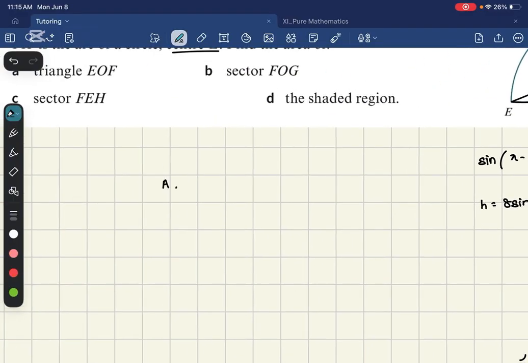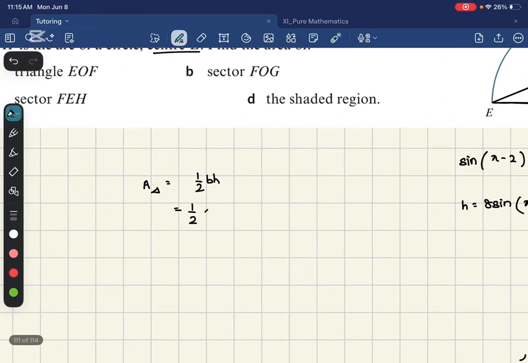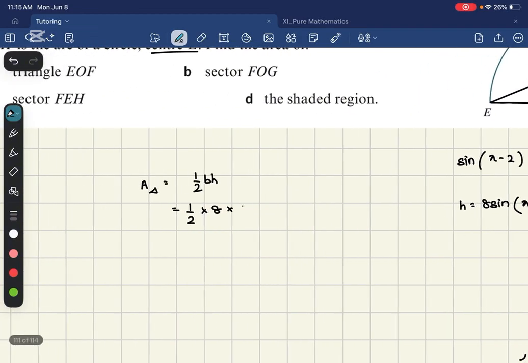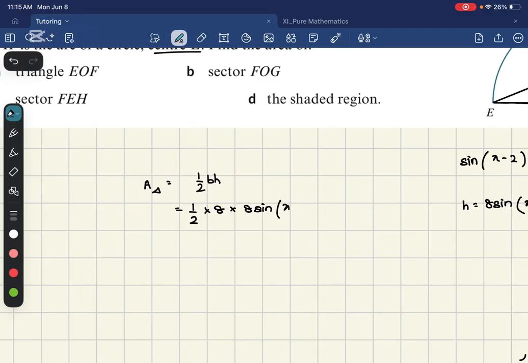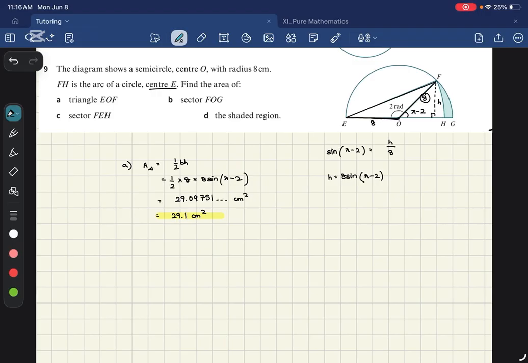So the area of my triangle is half base times height, half base is 8, height we just found is 8 sine of pi minus 2. And if you plug everything into your calculator, you are going to get 29.09751 centimeters squared. So to 3 significant figures, your answer is 29.1 centimeters squared. That is the solution to A, the area of the triangle EOF.